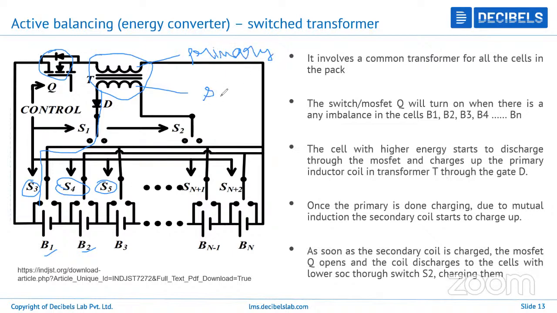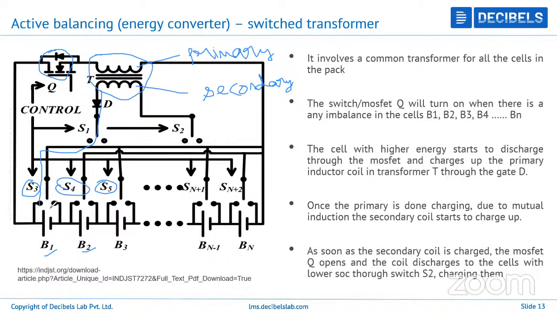So as soon as B1 starts to discharge, let's say that B1 is greater than B2 in terms of voltage, the controller will close switches S3 and S4.